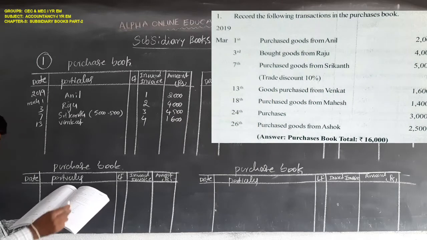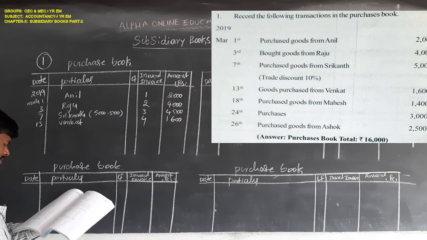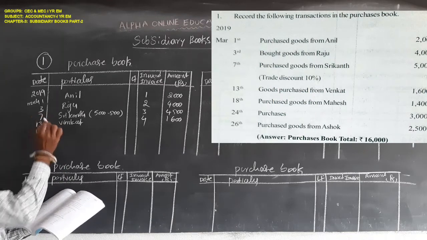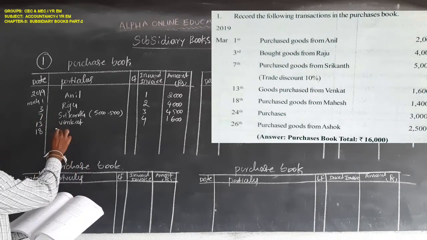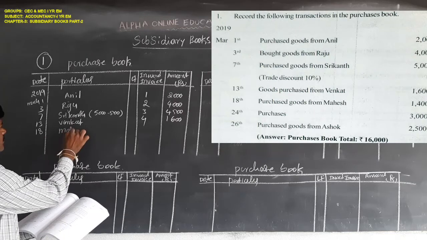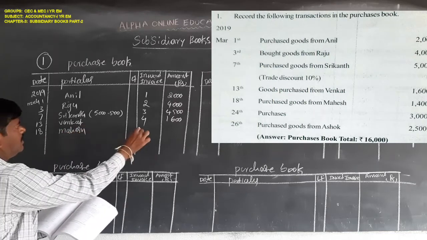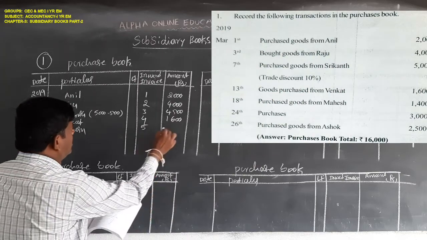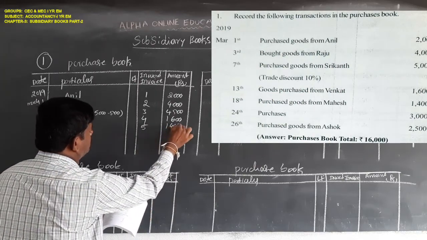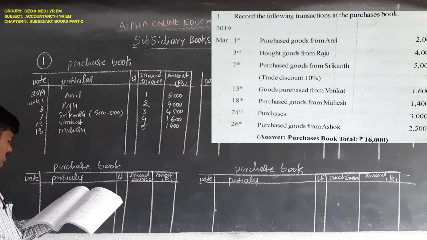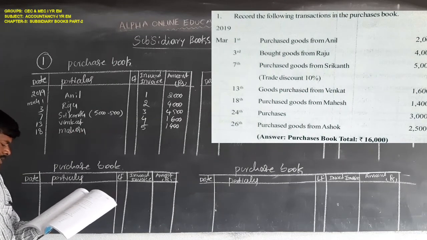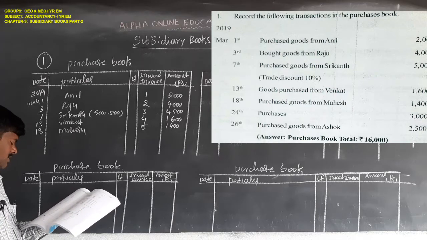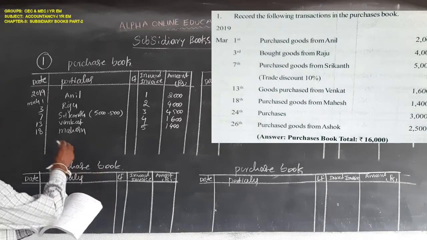Next, 18th date, purchase goods from Mahesh, so it is also credit, Mahesh account. Invoice number 5, amount is 1400. 24th is cash purchases, so it is not taken into the purchase book.